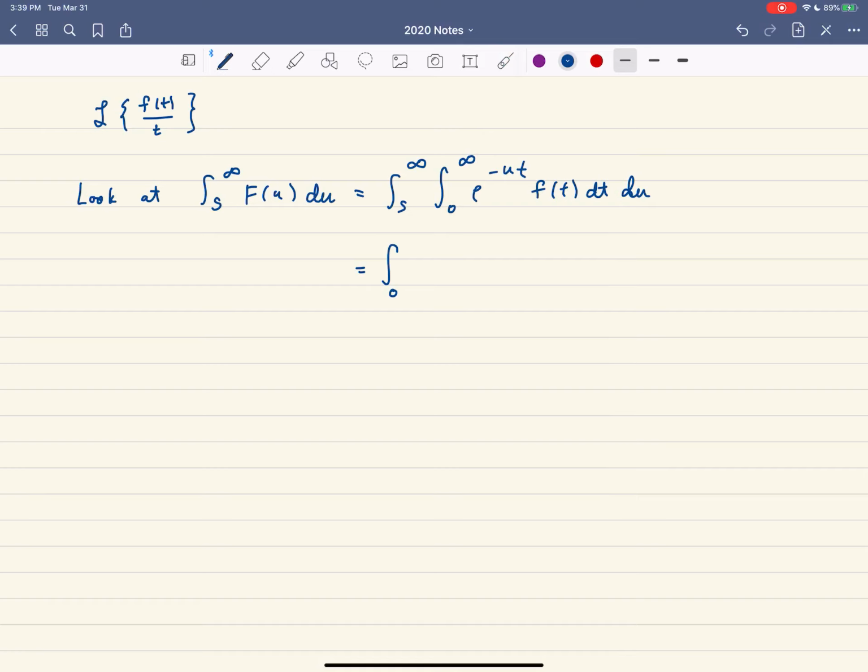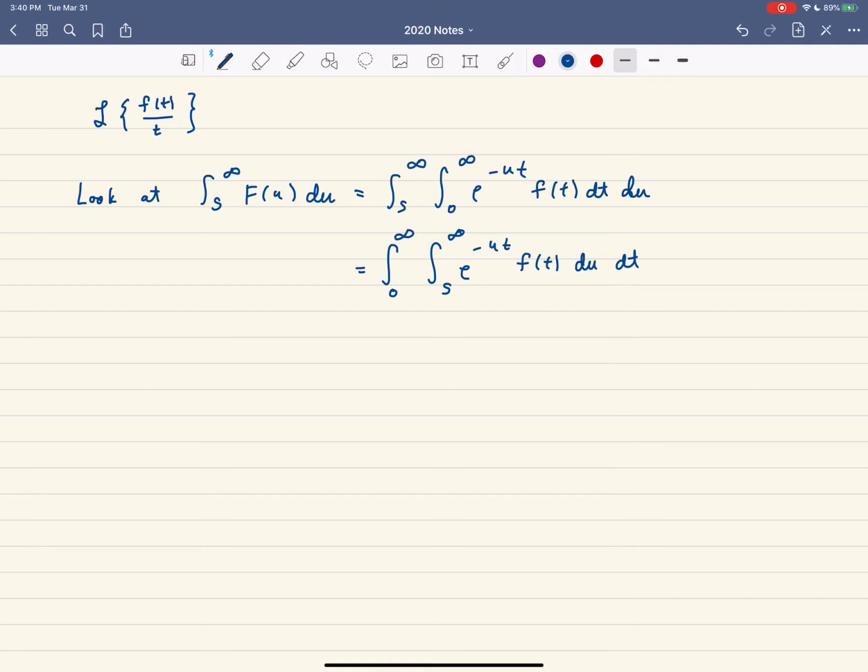Everything is totally fine. So we're going to integrate from 0 to infinity on the left, and then from s to infinity. And then our integrand is going to stay the same, e to the negative ut, f of t, except we just switched our du and dt, so I better write du dt. That is what we get if we switch the bounds of our integral.